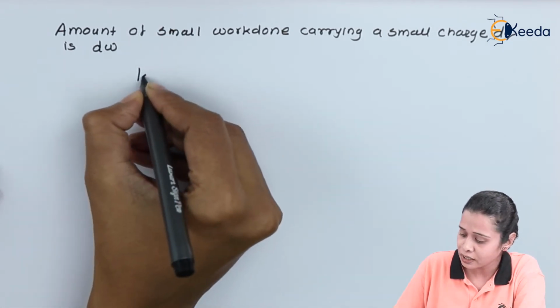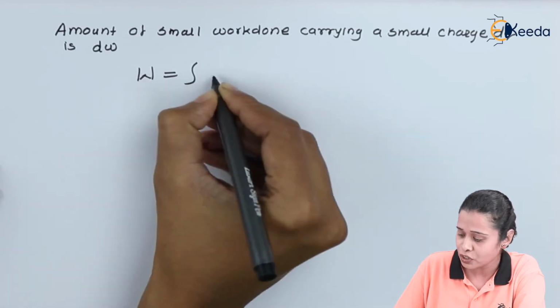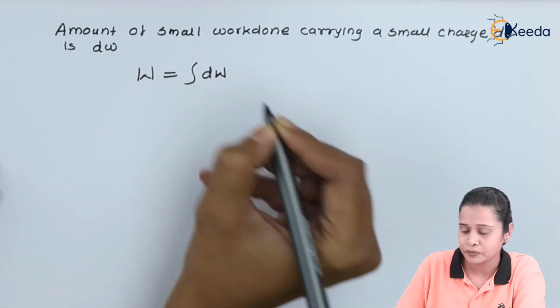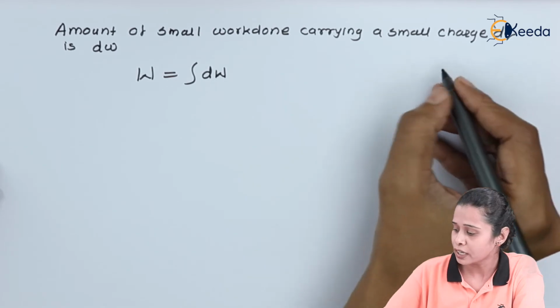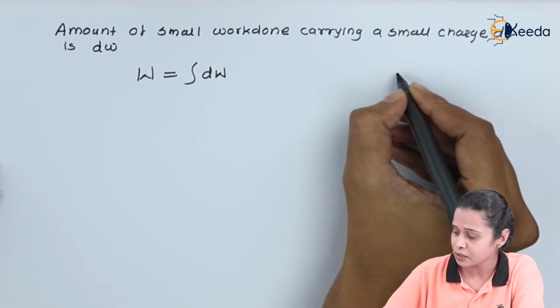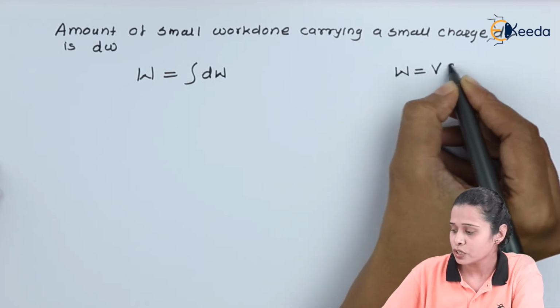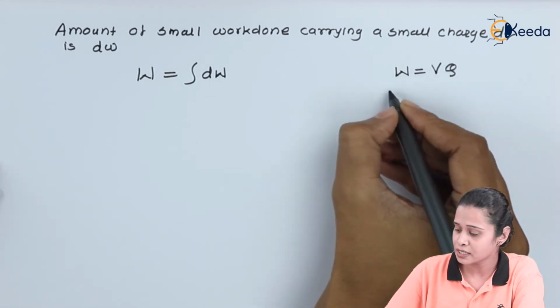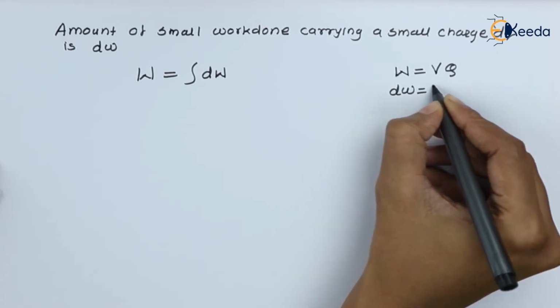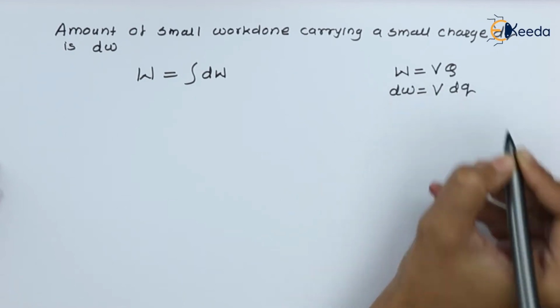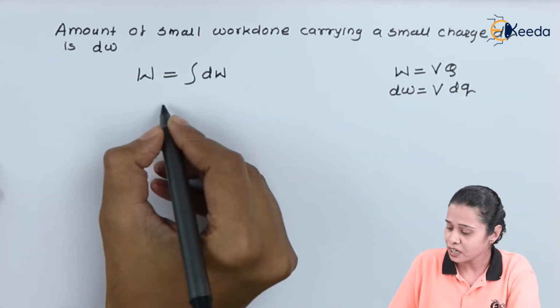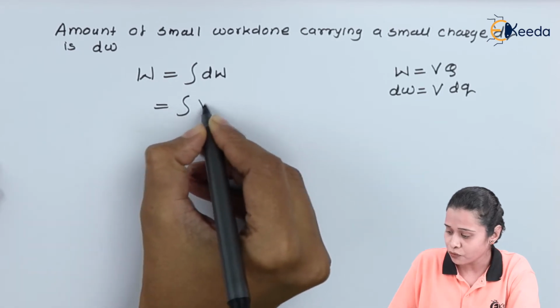So the total work done W is equal to the integration of the small work done. Work done is nothing but V into Q, and here we are considering small work done. Hence, we can write the integration of V dQ.